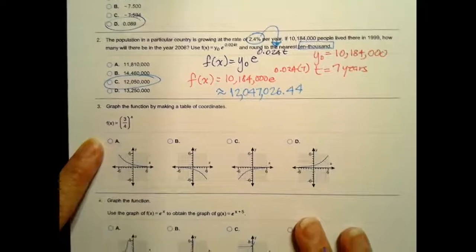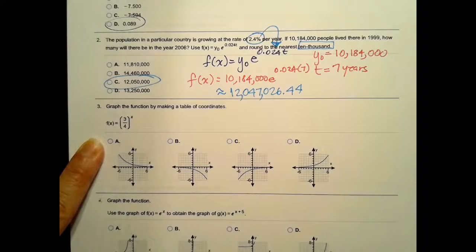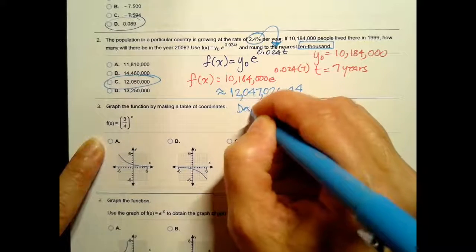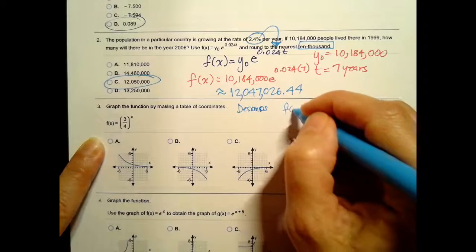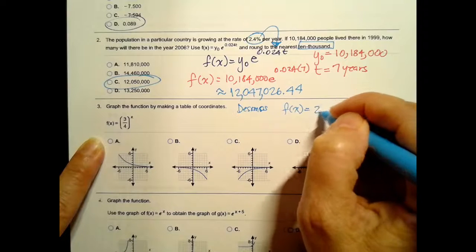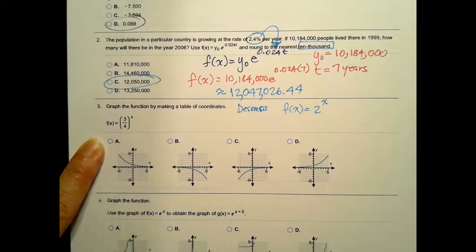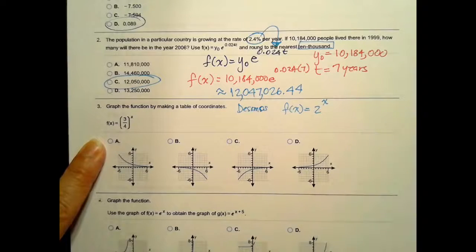Okay, next. This one, if you go back and you use the Desmos calculator that I sent you guys, recall that if you had f(x) is equal to 2 raised to the x, so that's our exponential. Recall what those looked like, go back and think about that, the base.